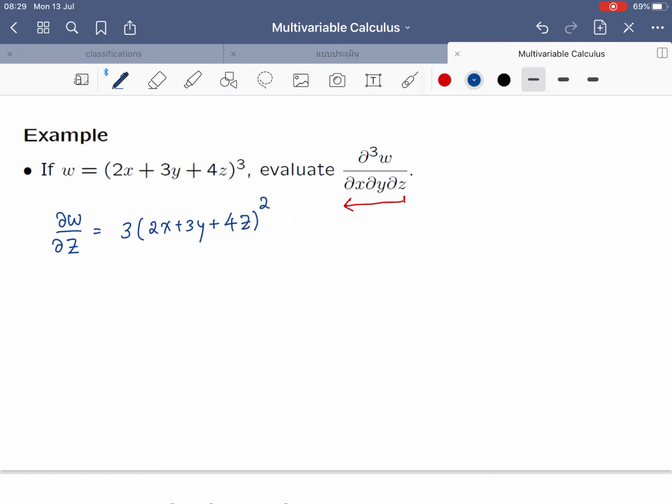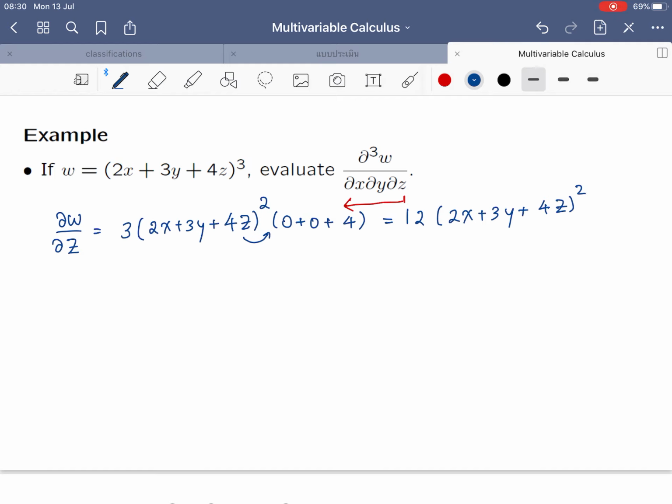Just use the chain rule, right? Then don't forget the derivative of the inside with respect to z. The first one is a constant, the second one is a constant, and the derivative of 4z is 4. So you have 12 times (2x plus 3y plus 4z) squared.